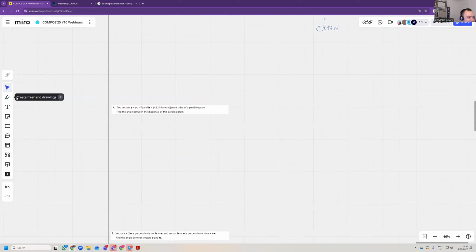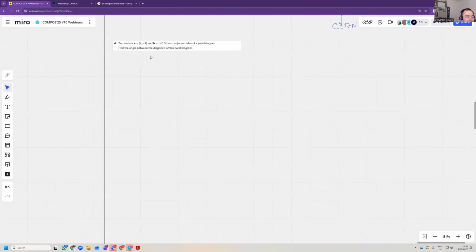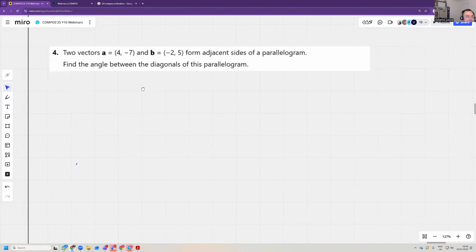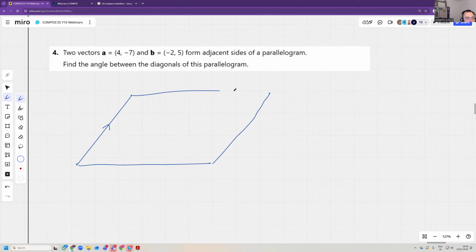Next, two vectors A and B form adjacent sides of a parallelogram. Find the angle between the diagonals of this parallelogram. So you have a parallelogram, and A and B are vectors forming the sides.